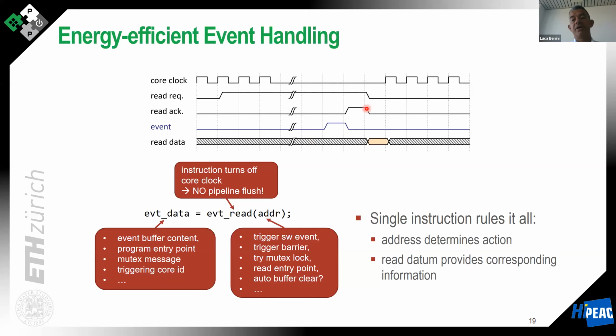Remember, the synchronization is implemented as a memory access. As soon as the read request is issued, the core stops, and immediately after the event arrives, the core starts again. And you can see here that the clock is stopped while the event is being waited for.